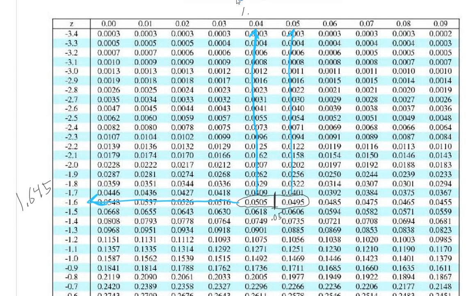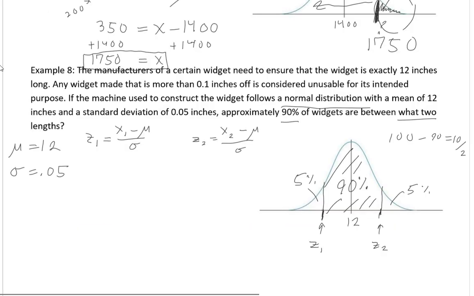Because this would be 1.64, this would be 1.65, and directly in the middle of each of those is negative 1.645. All right, so we found our first one. I'll go back to our notes and put that value in. So for z sub 1, we have negative 1.645.